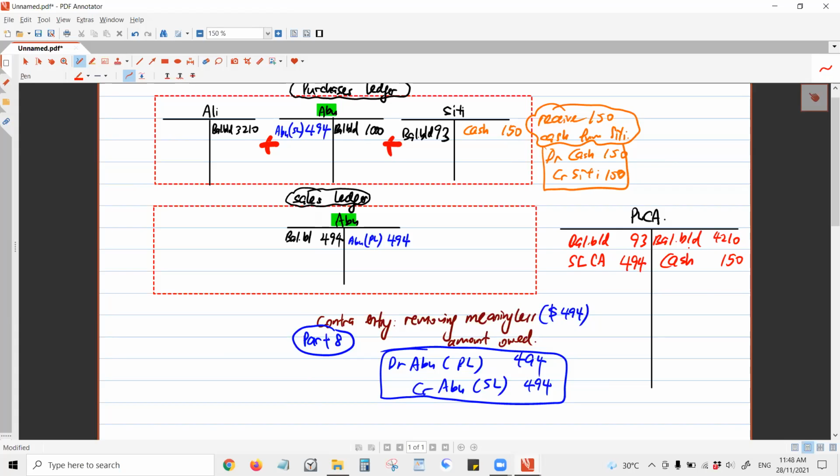Yixin, do you still not understand why the 150 is on the credit side? The rest of you can understand what I have explained. You have to understand what I'm explaining now. I'm trying to explain to you why this is here.